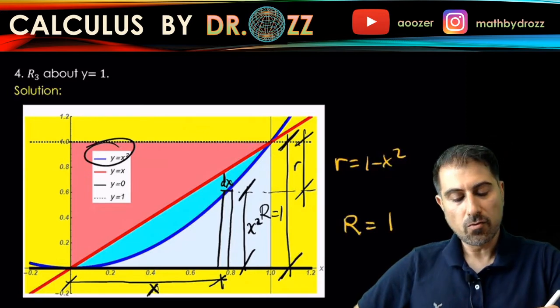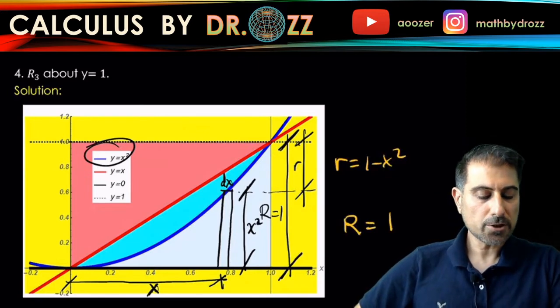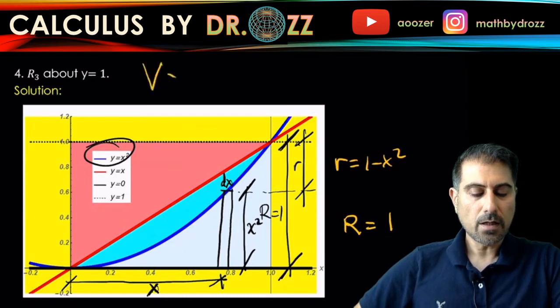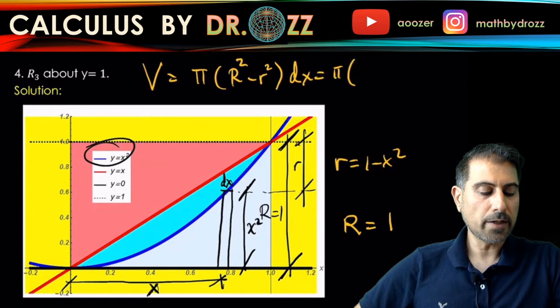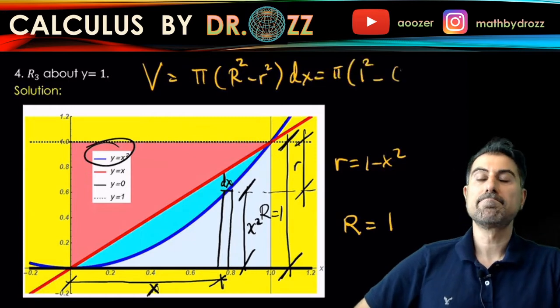And the volume of that representative washer is pi times capital R squared minus little r squared, dx. So that makes it pi times 1 squared minus (1 minus x squared) squared dx.